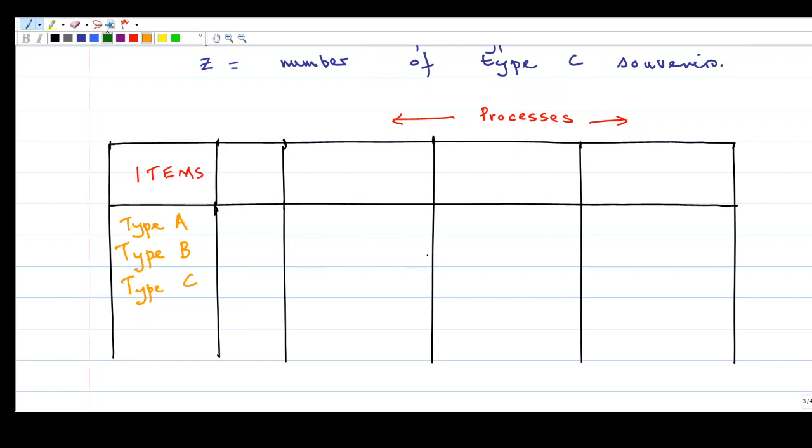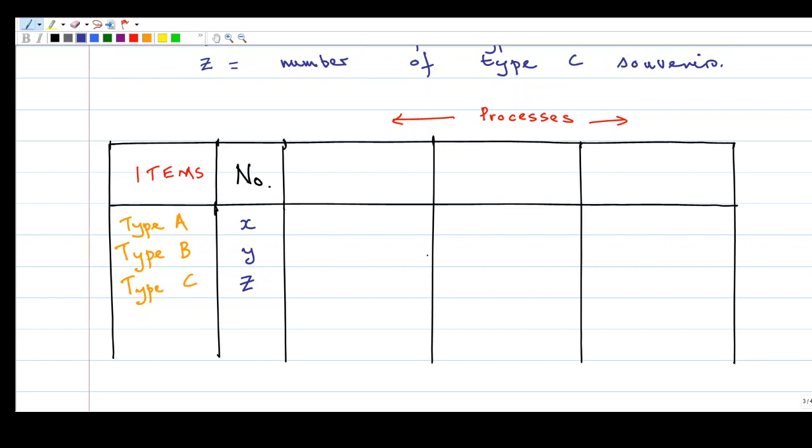And then we've got the number, and we know that we called numbers X, Y, and Z, the number of each of these types of souvenirs.